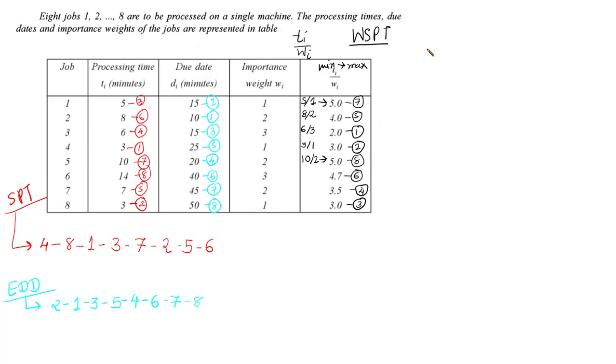So what will be our sequence? Our sequence according to WSPT will be 3, 4, 8, 7, 2, 6, 1 and 5.